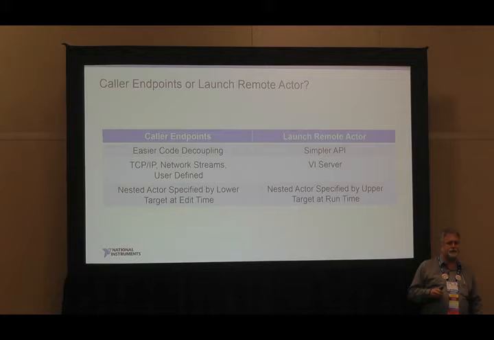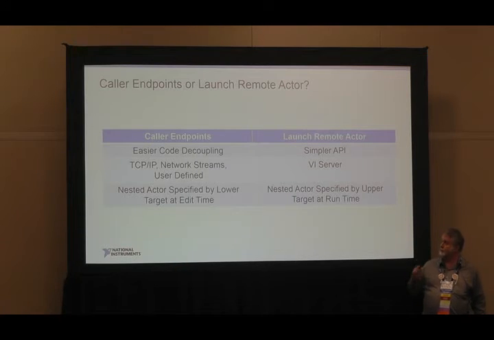Well, you buy that extra difficulty because with caller endpoints, you launch an endpoint, and it's going to launch an actor, only one, established at edit time. And you're stuck with that one. So if you want to have more than one actor available, you're going to have more than one caller endpoint running. And that may not be a desirable model.